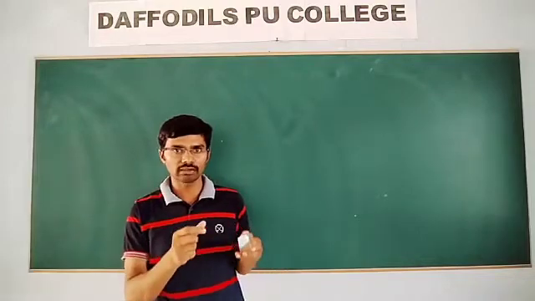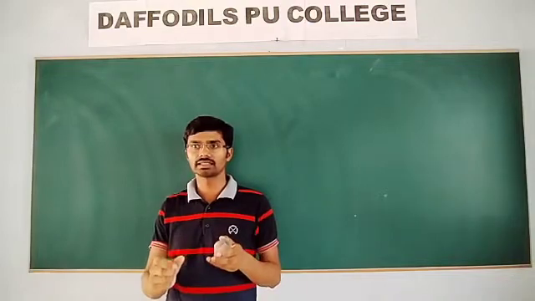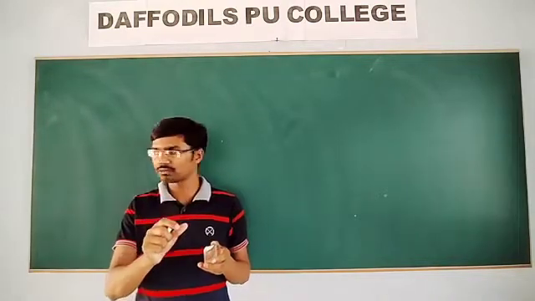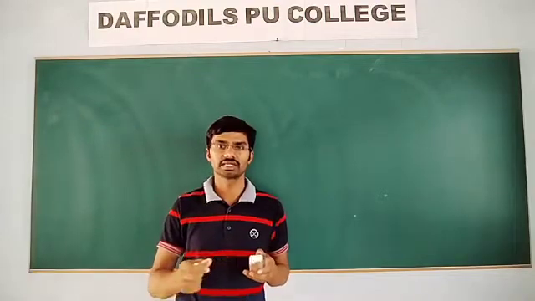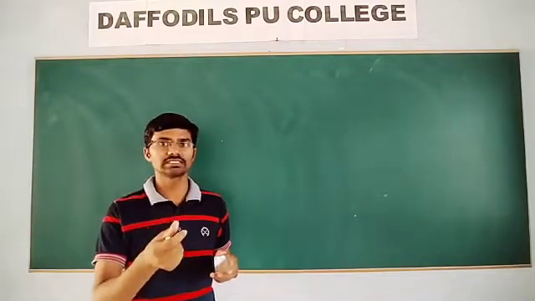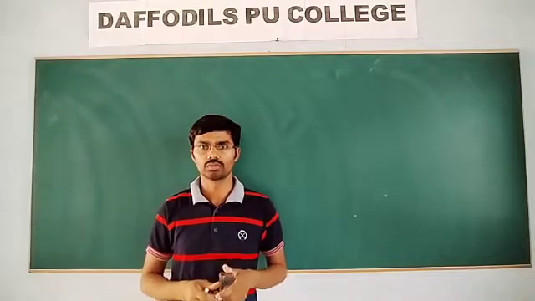Whatever media we have taken, air and water, or air and glass, for that particular pair of media the refractive index remains constant. That is Snell's law of refraction. sin i by sin r is equal to mu.